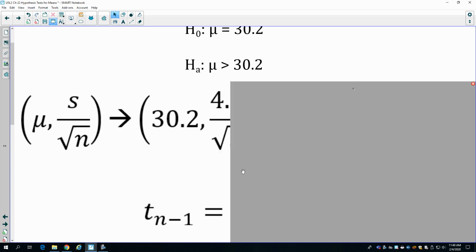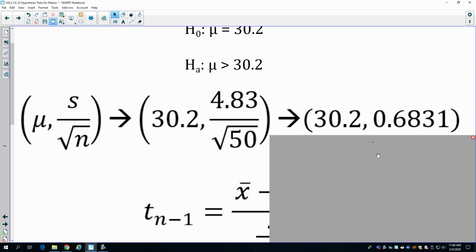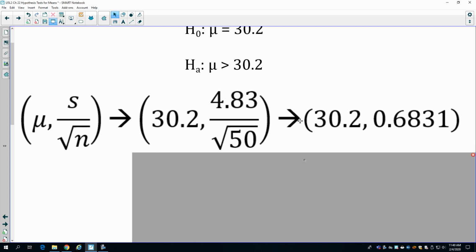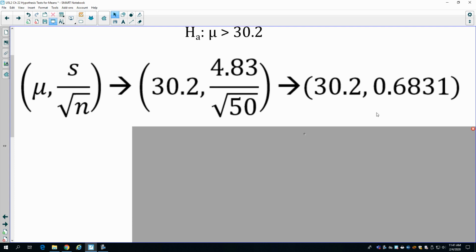We take the standard deviation from our sample and divide by the square root of our sample size of 50 trips. And so we'll get a normal curve that looks like this: mean of 30.2, standard deviation of 0.6831.